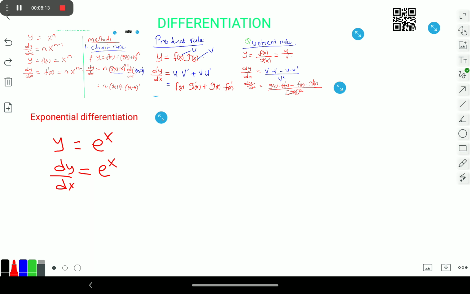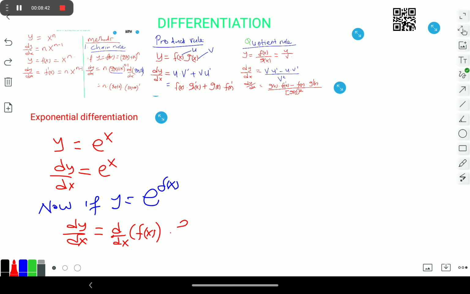Now, if you have y is equal to e to the power of a function of x, the derivative will be dy/dx is equal to, we keep the exponential and multiply by the derivative of the function, so it will be d/dx of the function times e to the power f(x).